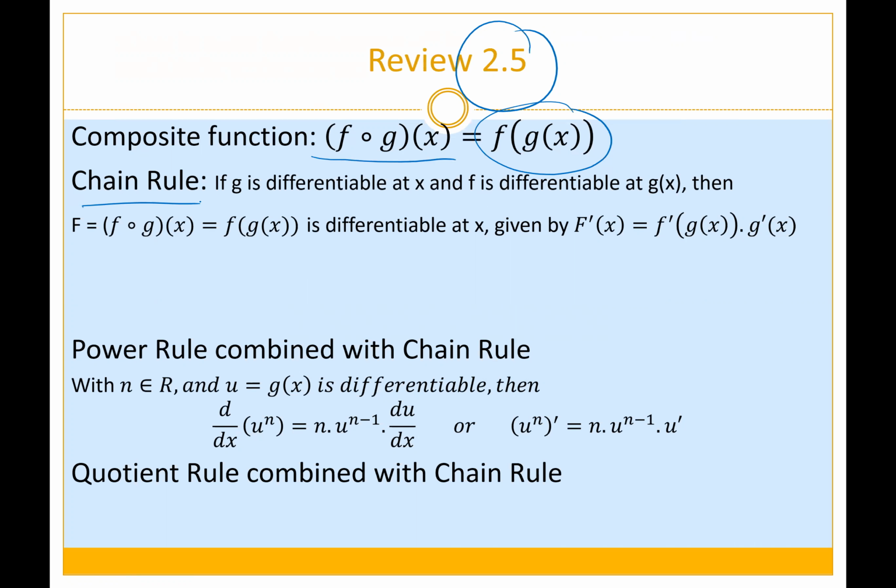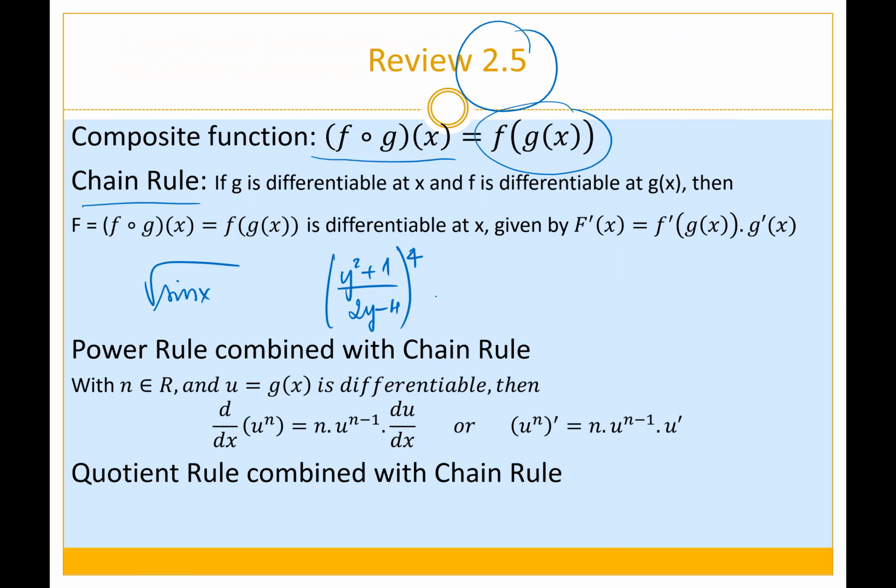The chain rule basically allows us to take the derivative of functions where the variable is not simply x. Say you have the square root of sine x: the variable under the square root is sine x and not just x. Another example is (y squared plus 1 over 2y minus 4) to the fourth.